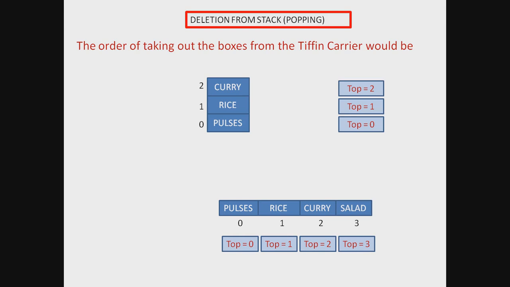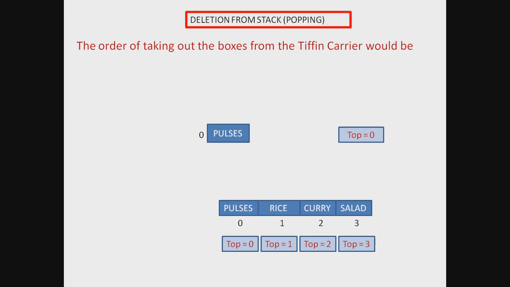Now when curry gets deleted, we have rice at the topmost, so top is going to keep 1 now. Now when we have pulses, after rice goes off or is being deleted, pulses is at 0th position, so top has 0. Now nothing is there in the list, so top is equal to none.